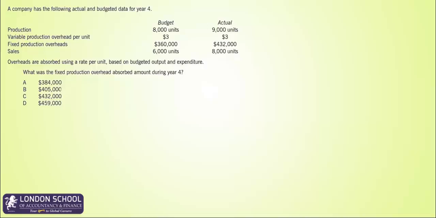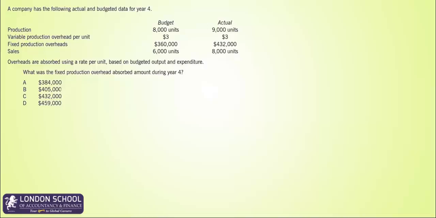Variable production cost per unit is $3, same budgeted and actual. Fixed production overheads are $360,000, sorry, and the actual fixed production overheads are $432,000. The company made actual sales of 8,000 units. However, the budgeted sales was just 6,000 units.